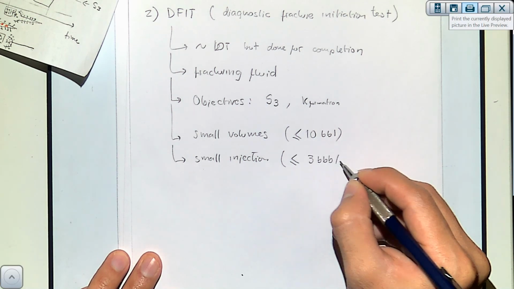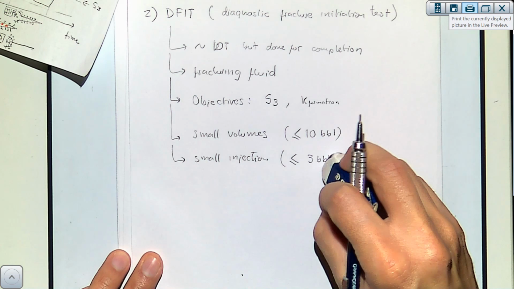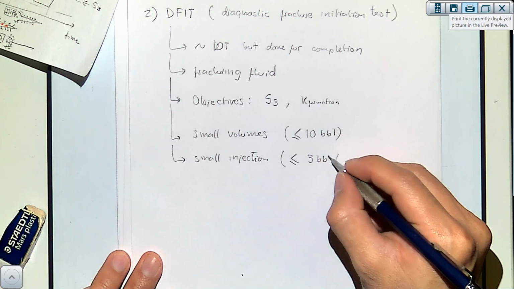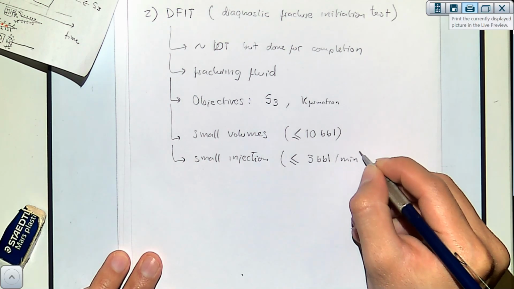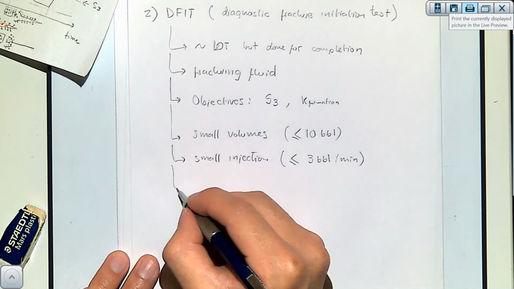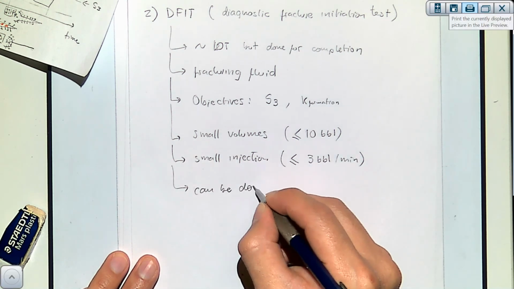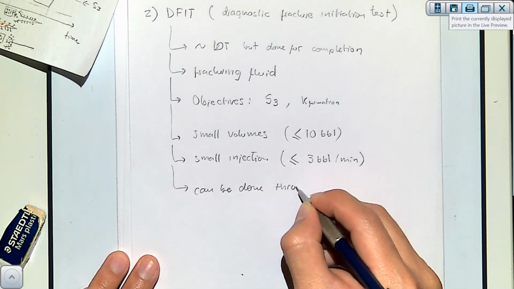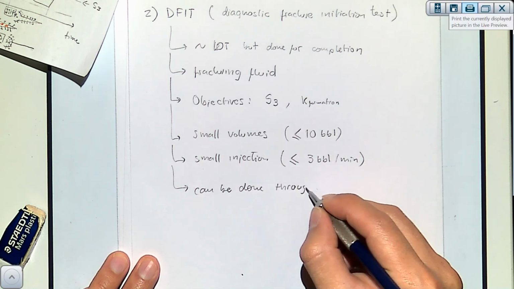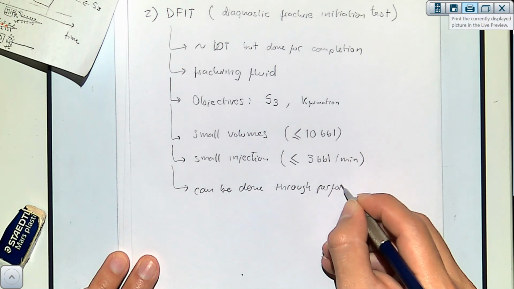In general, less than 3 barrels per minute. And last thing, this one can be done through perforations.